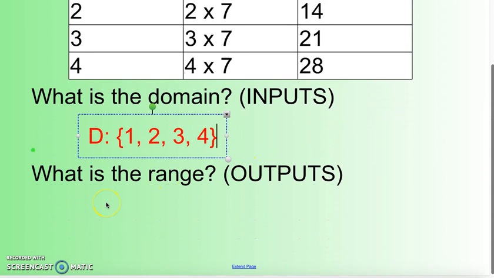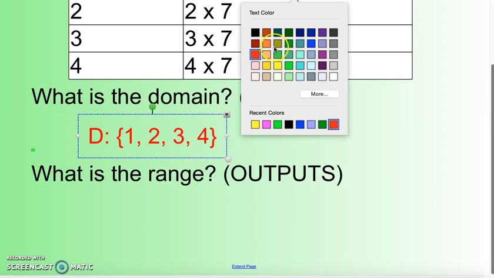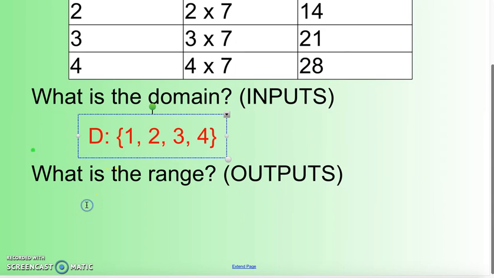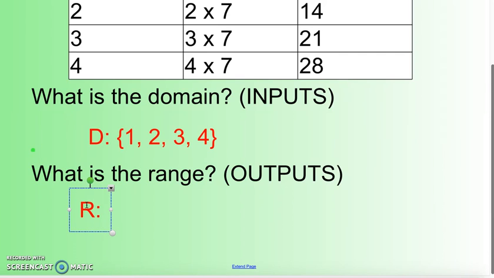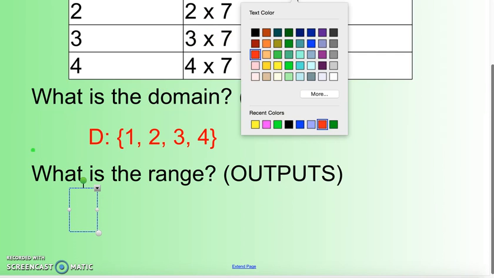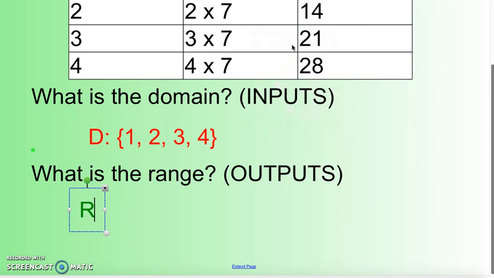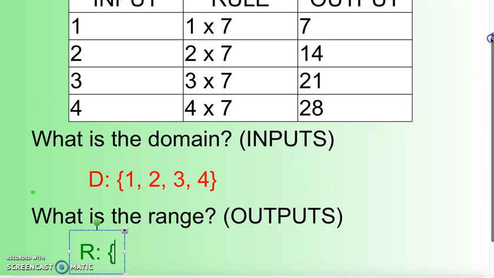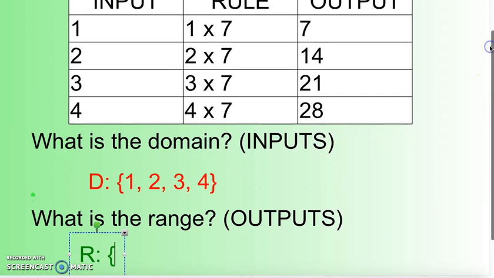And then the range is basically looking at all the answers. What answers did we get in this function table? And let me go, oops, I want to put range, and we're going to create a set. Can you tell me what are all the answers that we got?